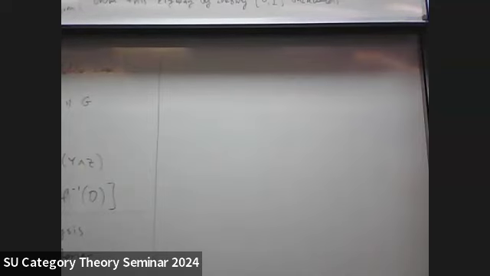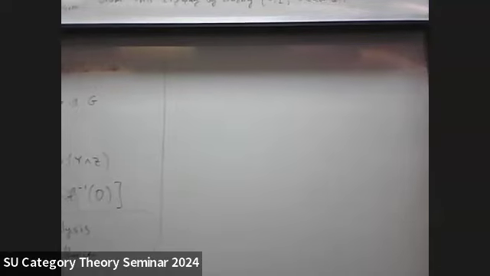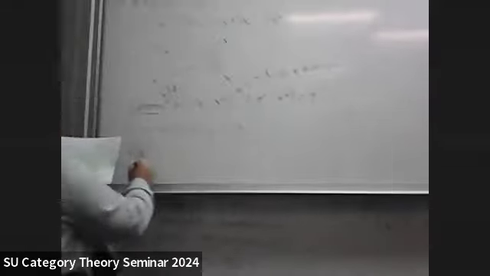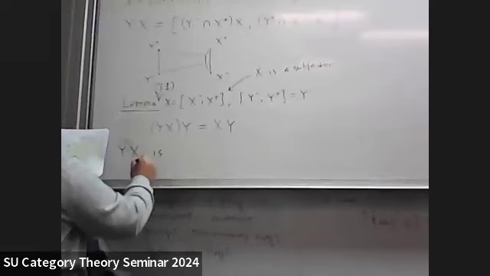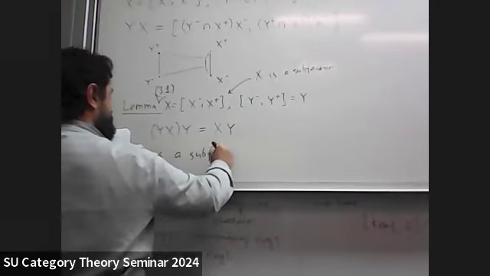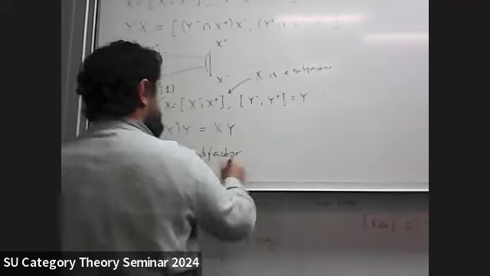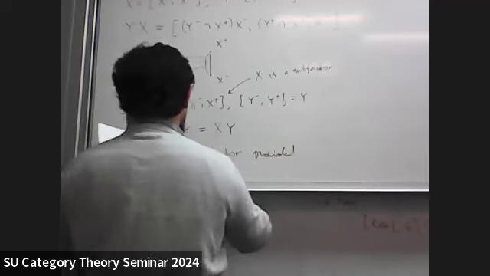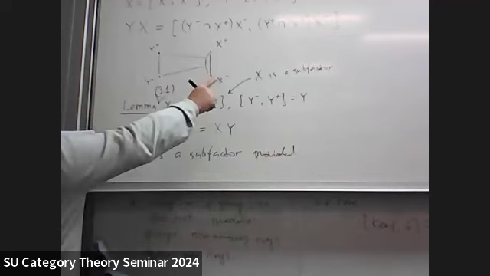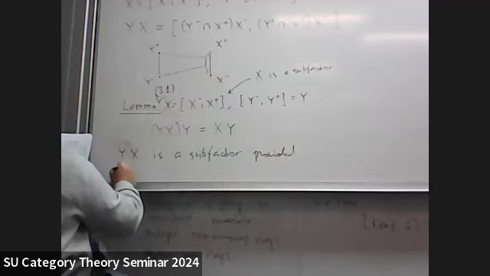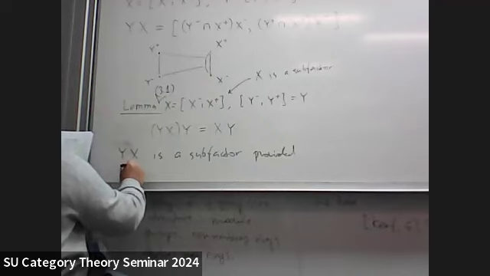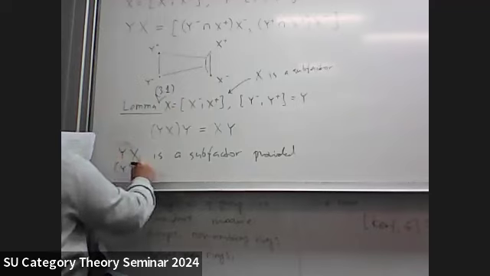I think Isbell requires both of them to be subfactors, but only one of them is named. There is also an addition to the conclusion of the lemma that yx is a subfactor, provided x is a subfactor, which it is, and also provided yx plus is conormal.